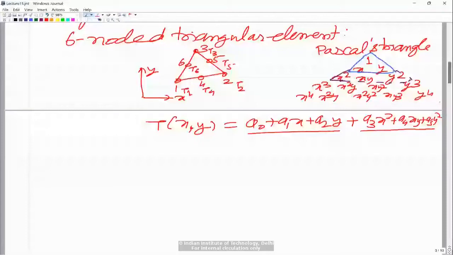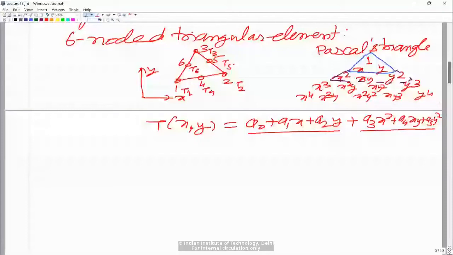So depending on how many degrees of freedom we have for the element as a whole, we decide that. Here, because the element has got 6 degrees of freedom, we are taking a six-term solution, so we will have a unique relationship between these unknown constants a0, a1, a2, a3, a4, a5, and the values of temperature T1, T2, T3, T4, T5, T6 at all the six nodes.